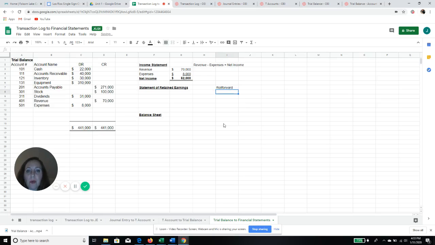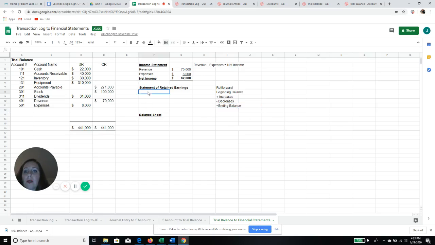So our roll forward formula, remember, is beginning balance plus increases minus decreases equals ending balance.